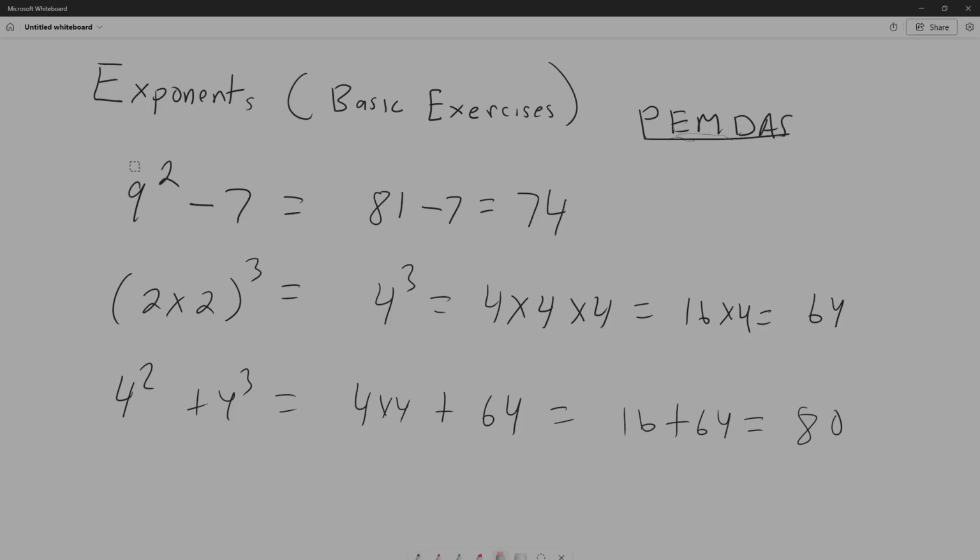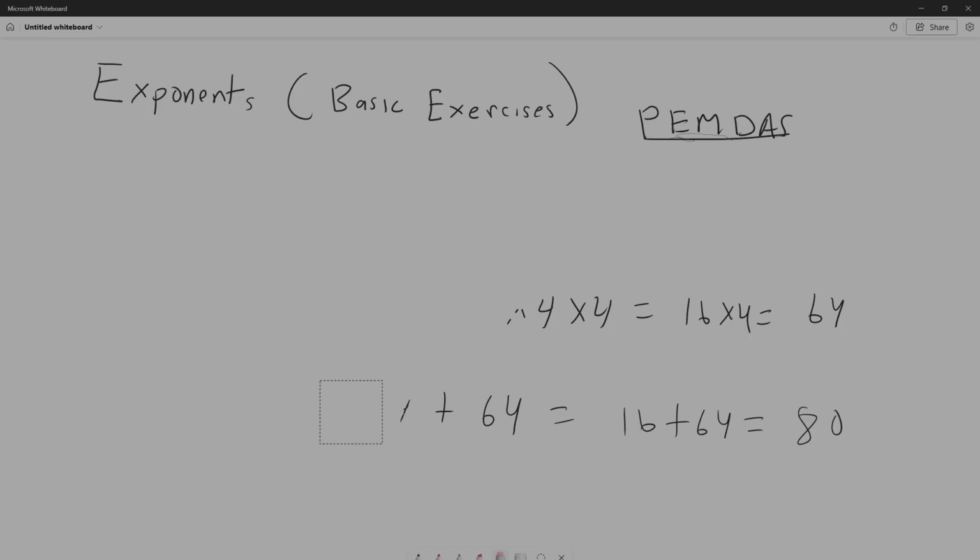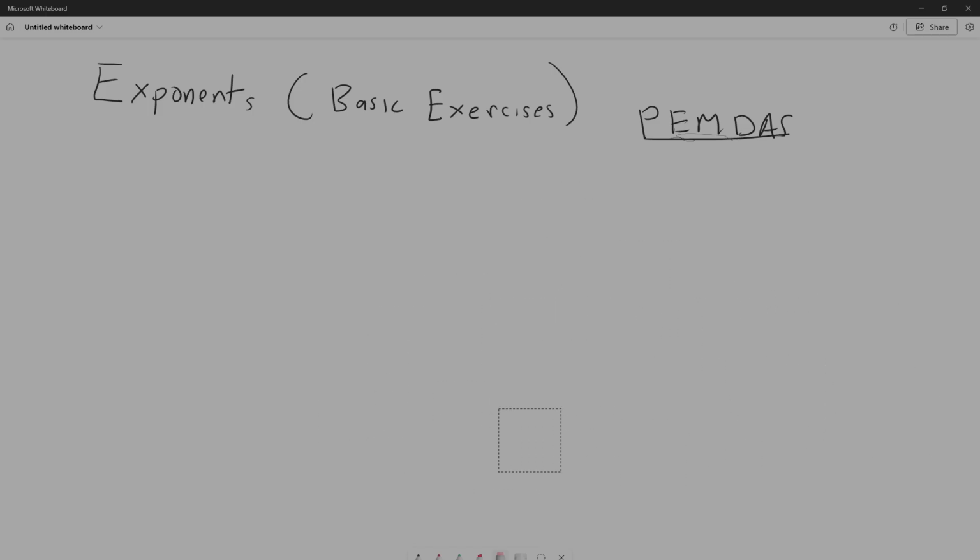Let's make more space on the board, so let me erase what we just did. Now let's say we need to simplify the following expression: 2 cubed times 2 squared.